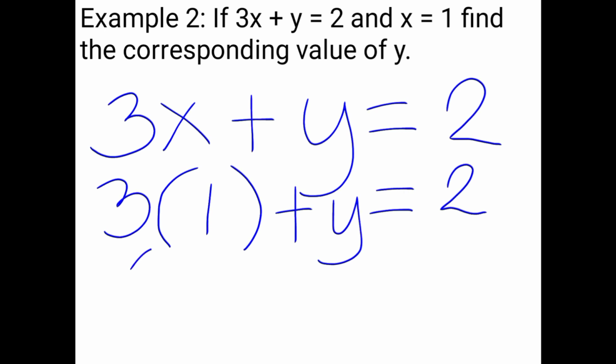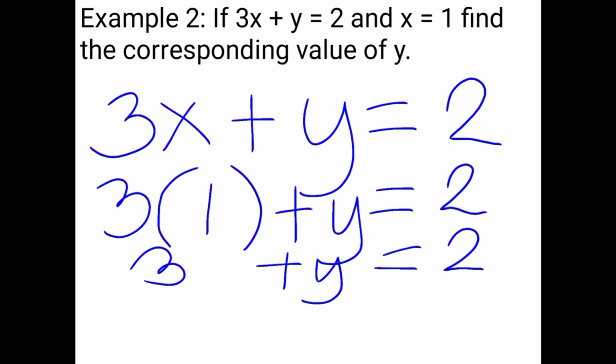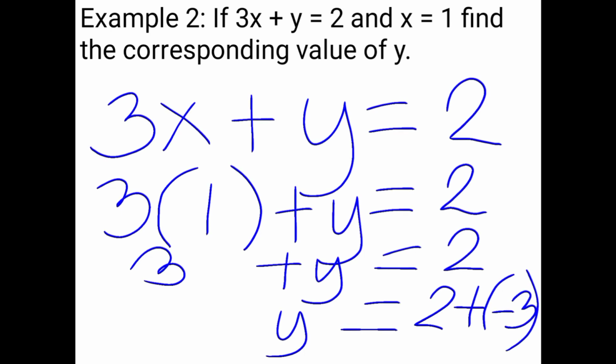So 3 times 1 is 3, plus y equals 2. Then, by the addition property of equality, we can add -3 to both sides to eliminate 3 on the left side. So y equals 2 plus -3. What is 2 plus -3? That will be -1. So the value of y here is -1.